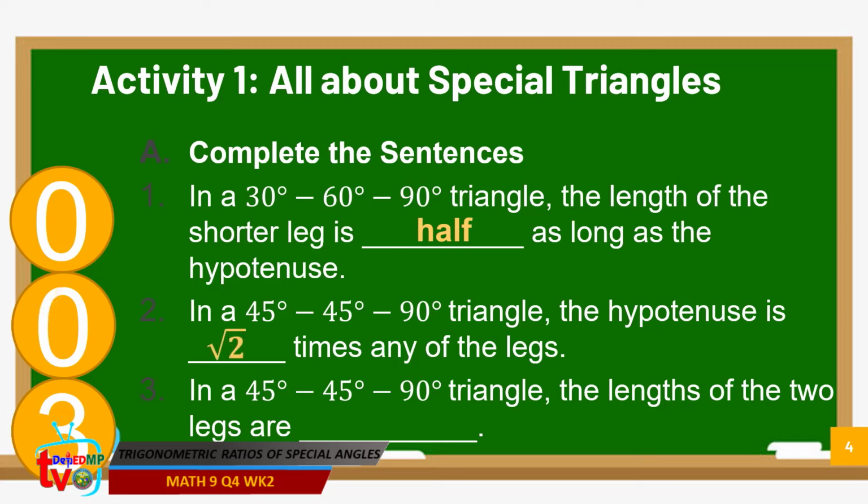The correct answer is half as long as the hypotenuse. 2. In a 45-45-90 triangle, the hypotenuse is blank times any of the legs.